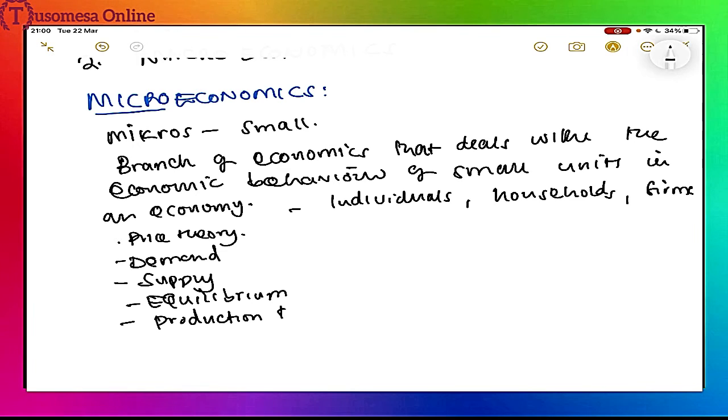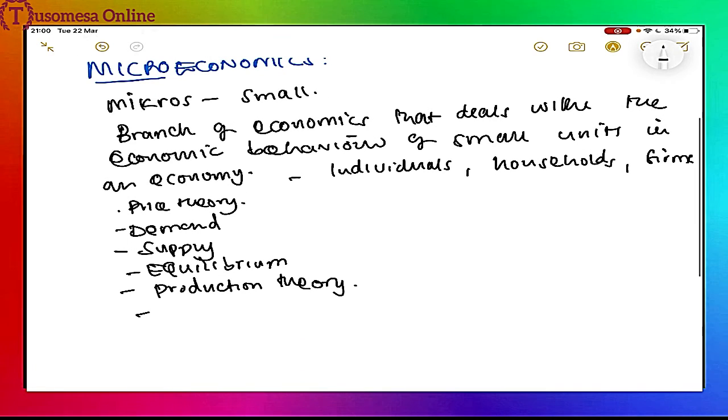All this is under microeconomics. We'll talk about the costs of production and many more, all this trying to understand how we can help the producers make better decisions and maximize their profits in this market.